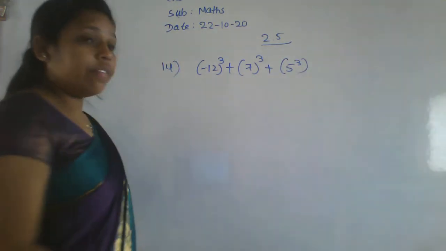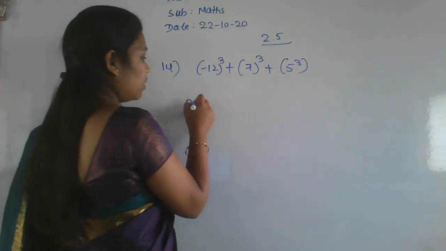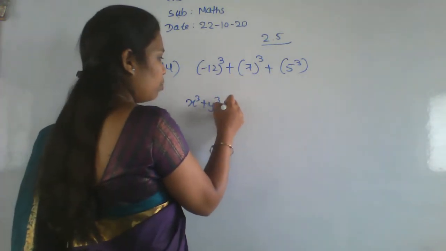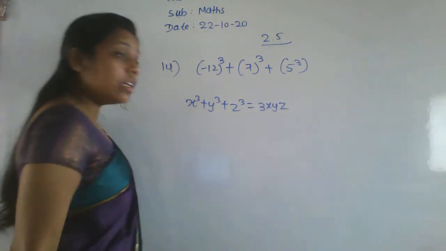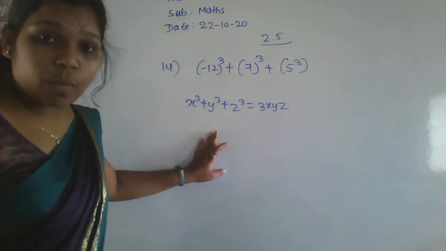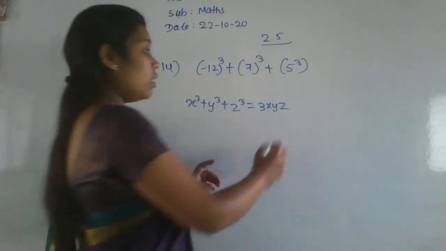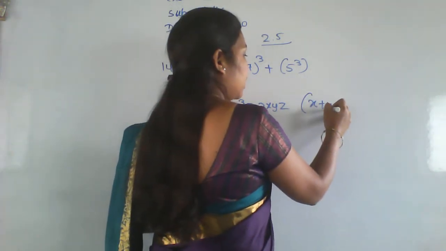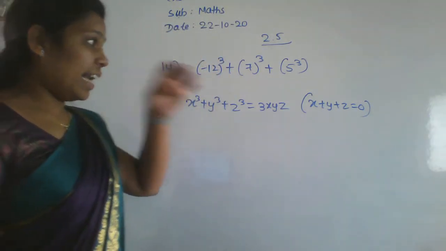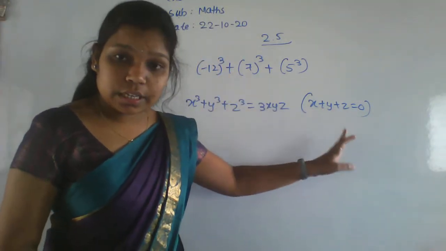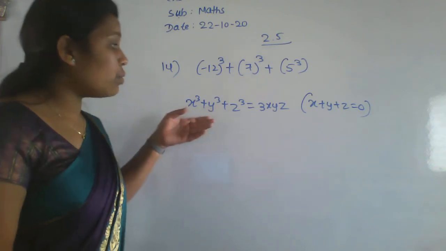We can use this formula: x cube plus y cube plus z cube is equal to 3xyz. But we have to use this formula only when x plus y plus z is equal to 0. Only then can we use this formula.